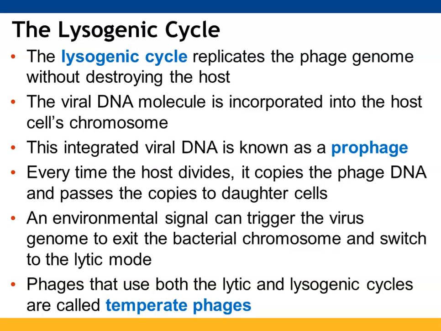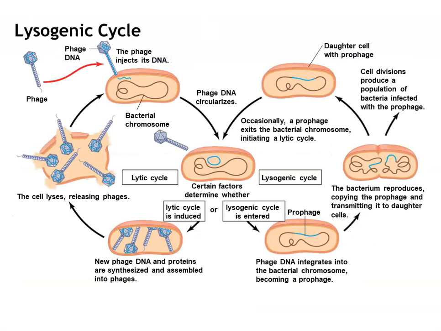And there are environmental signals that can trigger the virus genome to leave that chromosome and to start to move into a lytic cycle, where then it would go through what we just discussed: take over this host cell's machinery, copy its nucleic acids, make its proteins, make lots of progeny, and then destroy the cell and leave it. When you have phages that can utilize both the lytic and the lysogenic cycles, they are known as temperate phages.